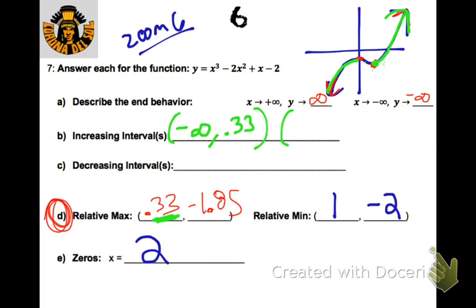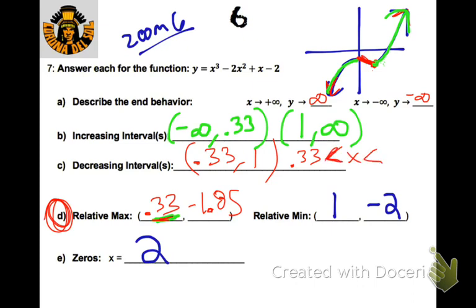So that is 1 to positive infinity. Then it's decreasing just during this little interval in the middle, between the x coordinates of 0.33 all the way to 1. So remember, we can write our intervals like this. This is considered interval notation, or if you like this, you can write them as compound inequalities, if you like that better. Okay?